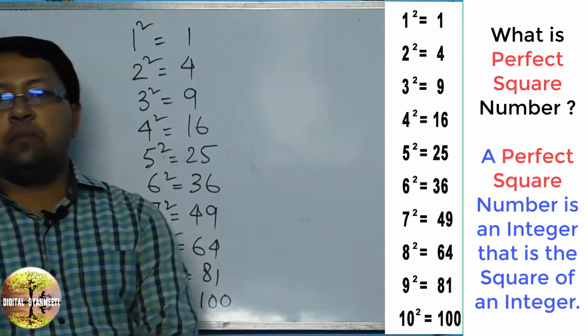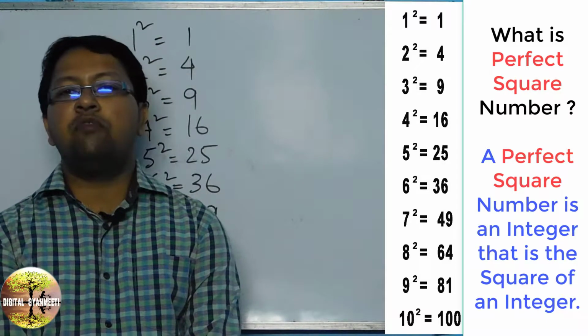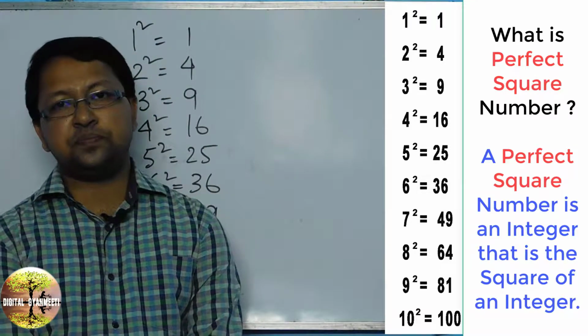Knowing the first 10 perfect squares will allow us to calculate the square root of a lot of perfect squares.